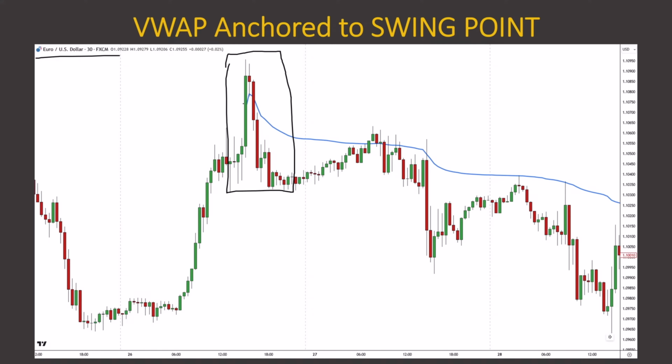So you anchor the VWAP to this candle, which created the high of this swing point, and pullbacks from there. First pullback, second, third, here's the last one. Right? As you can see, the price really respects those places, as the traders like to react to that fair price.